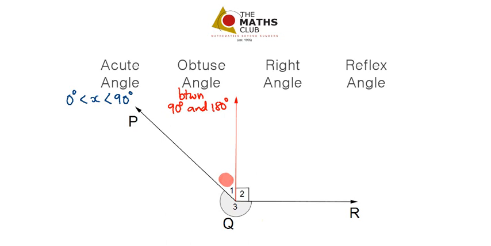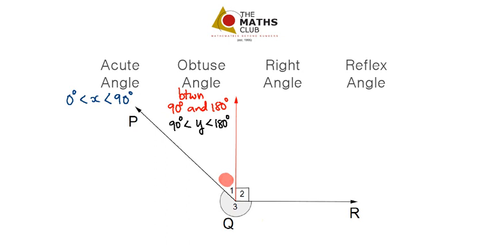Let's call it Y. Then Y will be the angle between 90 degrees and 180 degrees. Now look carefully: I'm not saying it's equal to 180 or equal to 90, because 180 is a straight angle, it's not an obtuse angle. So the angle must be just above 90 degrees, but just below 180 degrees.